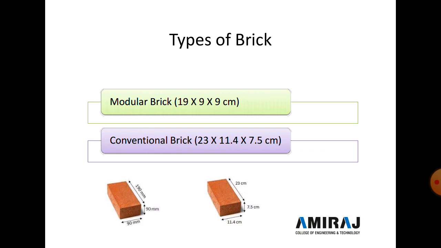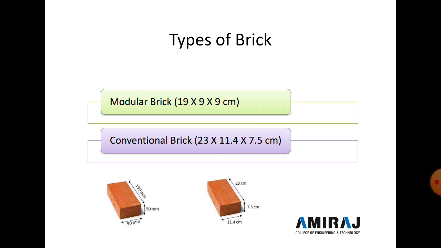Now the second point is the types of brick. There are two main types of brick. First is a modular brick, and second is a conventional brick. Both figures are seen on the screen.